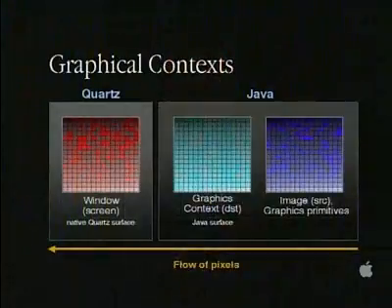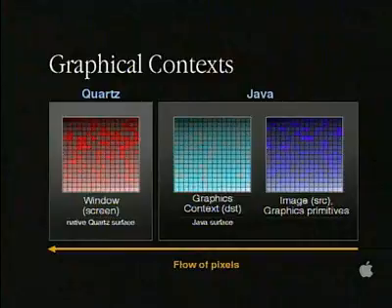So let's talk about the flow of the pixels. If you think about your Java application, then this would be this box on the right. What you usually do is you have a source of the pixels, whatever it is, the source context or your graphics primitives objects that you want to draw. They then end up being drawn on the graphics context, the destination, in your Java application.